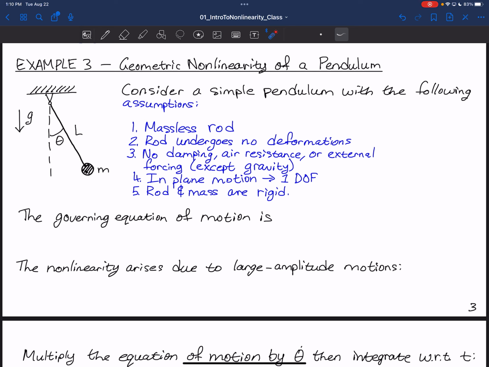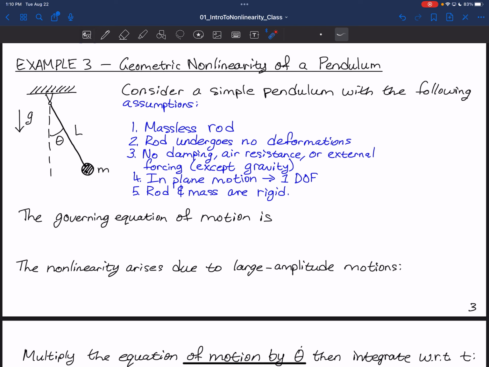Okay, in that case, we're going to consider just a simple pendulum. This is a common system studied in linear dynamics and linear vibrations as well. We're going to consider the following assumptions: that the rod shown here is massless, there's no deformations in that rod, there's no damping, air resistance, friction, or external forcing, except for gravity.